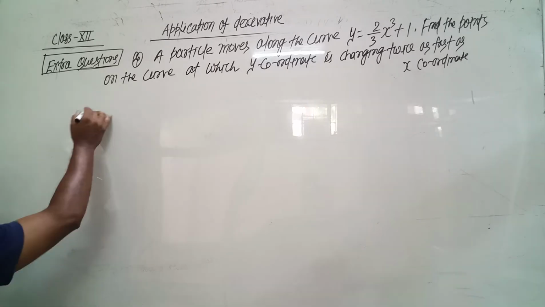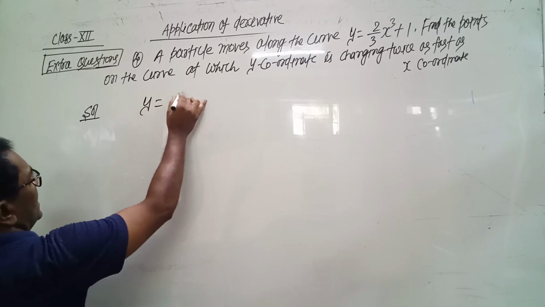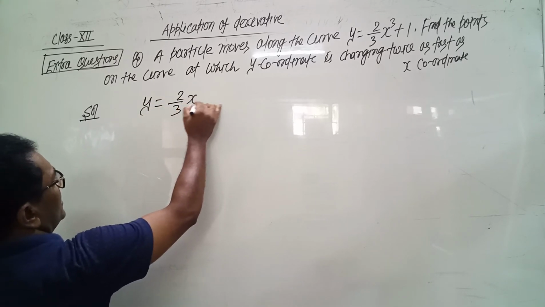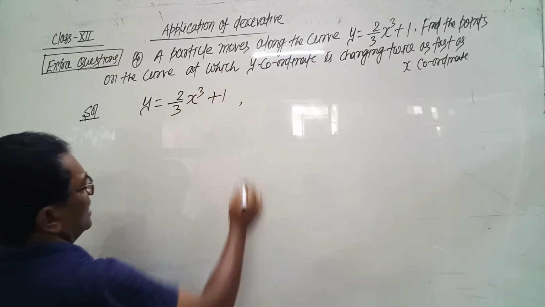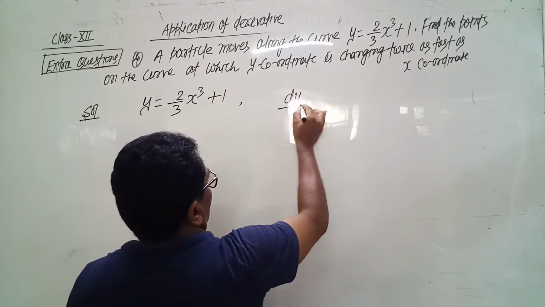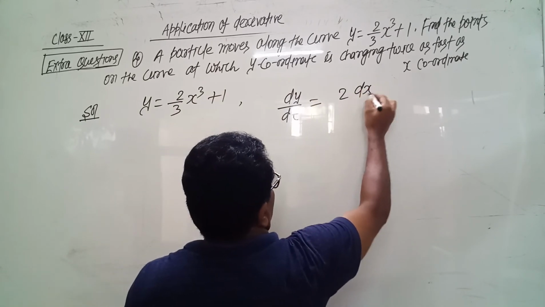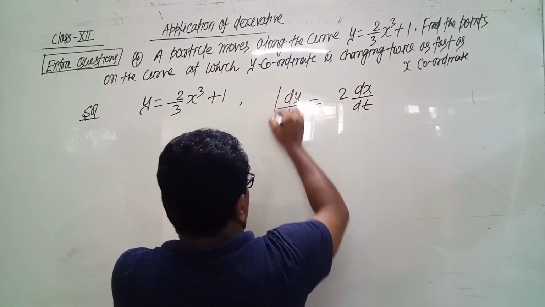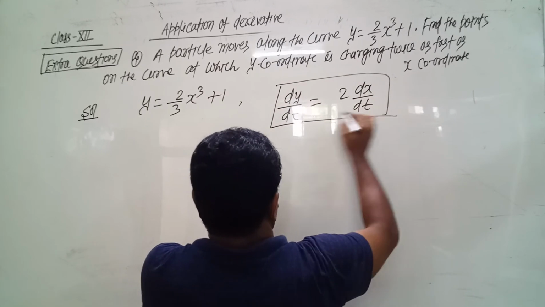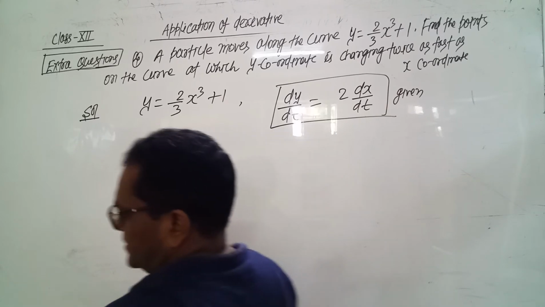So the equation of the curve is y equals 2 by 3 x cube plus 1, and we have given dy by dt equals 2 times dx by dt.